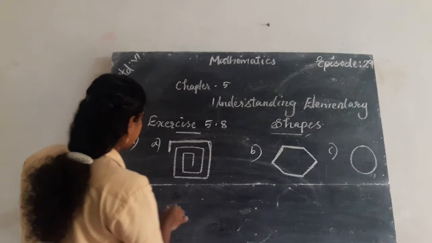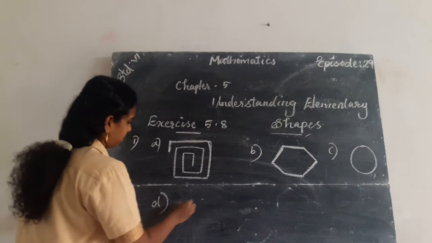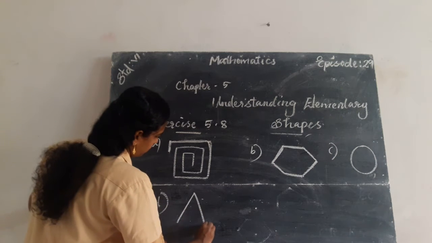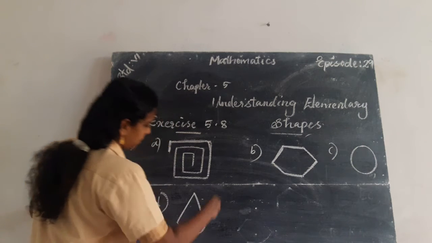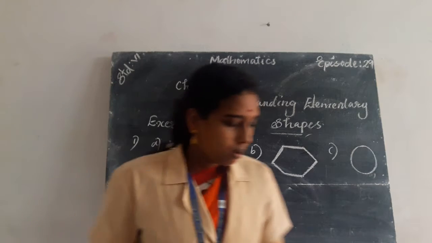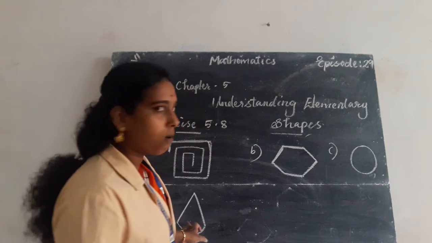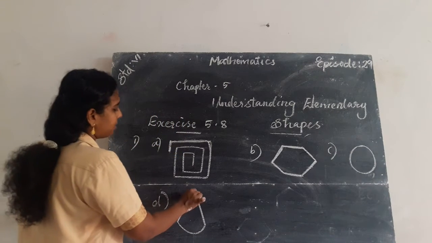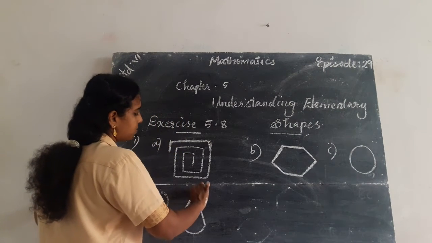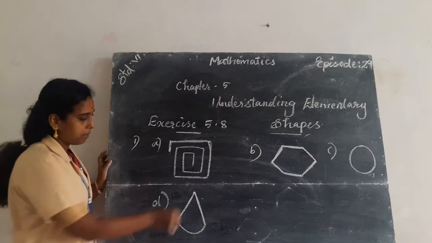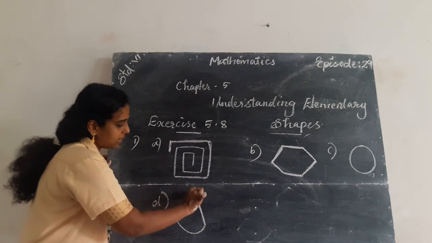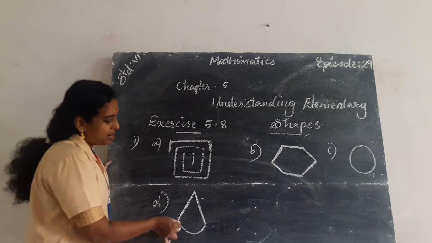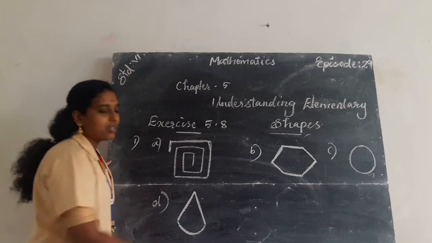Okay, then the next figure is like this. Is it a polygon or not? It's not a polygon because not all the sides are made up of line segments. These two sides are made up of line segments, but the third side is not made up of line segments.